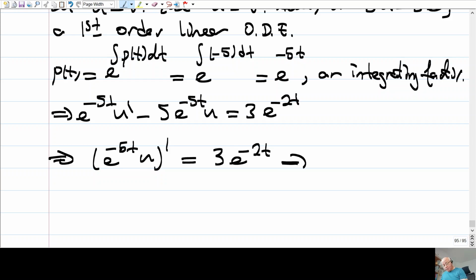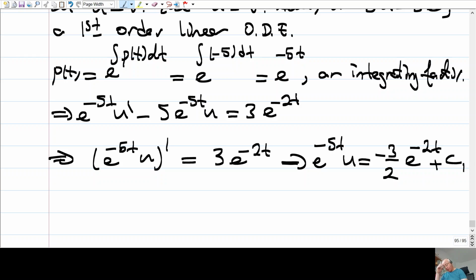When you take the derivative, you exactly get this expression. So e to the power minus 5t times u is just the integral of this. The integral of this is just minus 3 over 2 e to the power minus 2t, plus a constant c1.